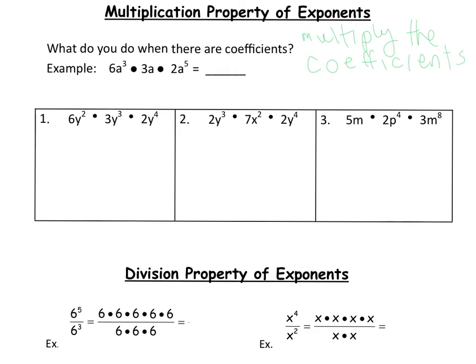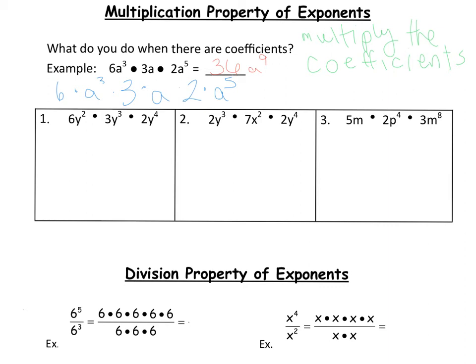So this one would be thought of as 6 times a to the third times 3 times a times 2 times a to the fifth. 6 times 3 times 2 is 36. And a to the third times a to the fifth is a to the ninth.